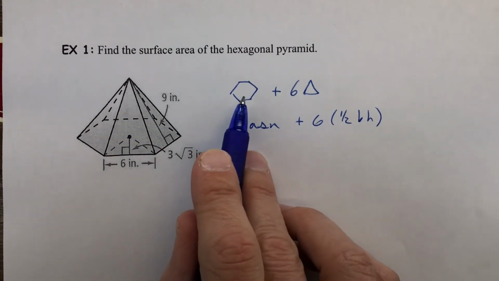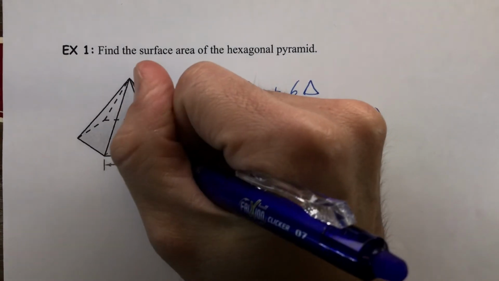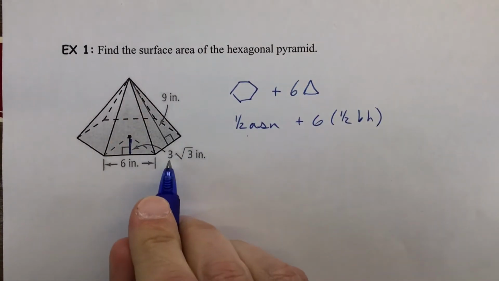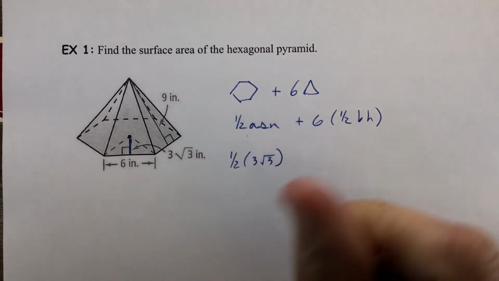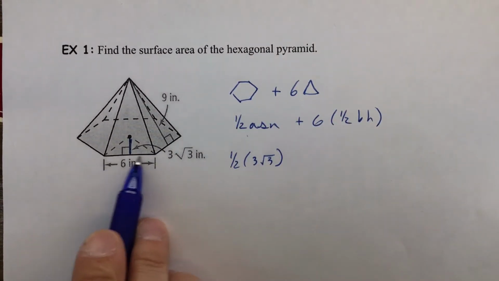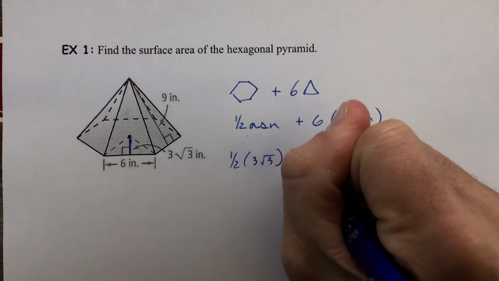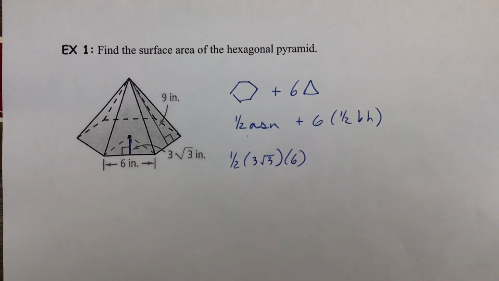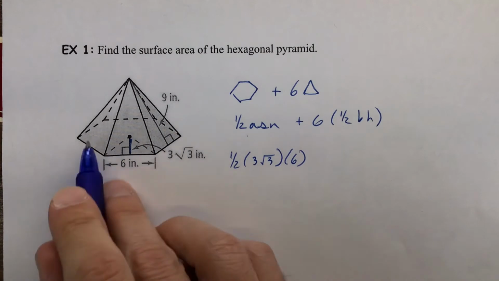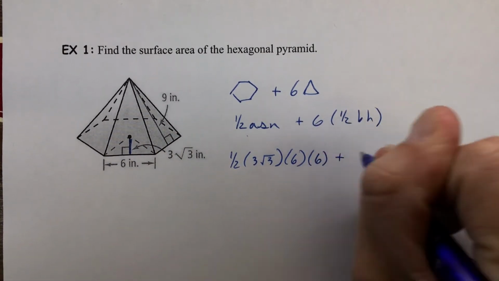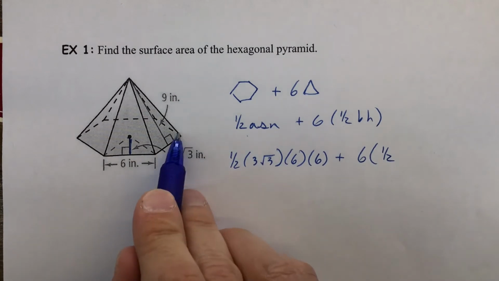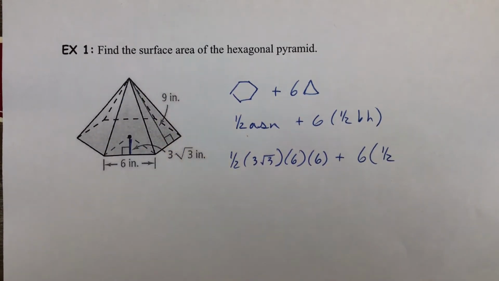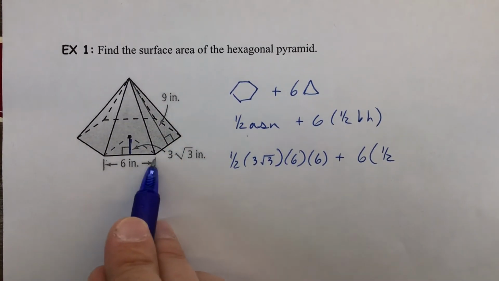With respect to the hexagon, the apothem is going to be here, so we've got that number. The side length is this, that'll be 6. The number of sides, of course, is going to be 6. For the triangles, which is going to refer to these triangles over here, the base is going to be the 6.